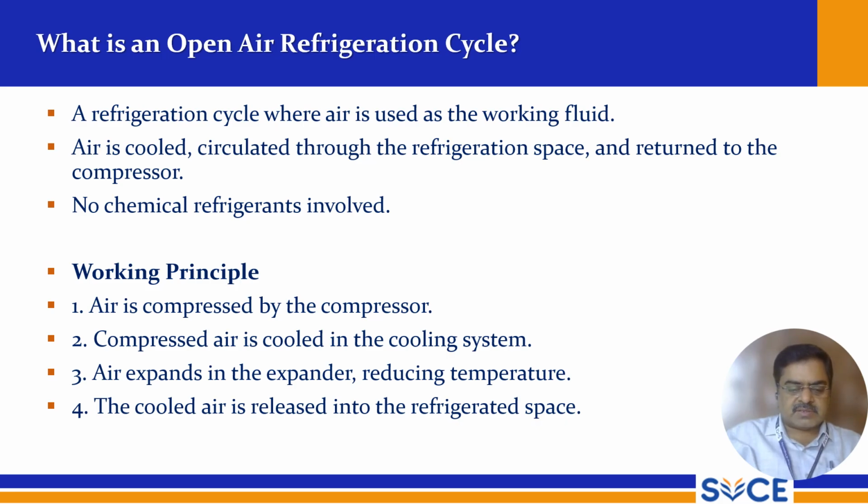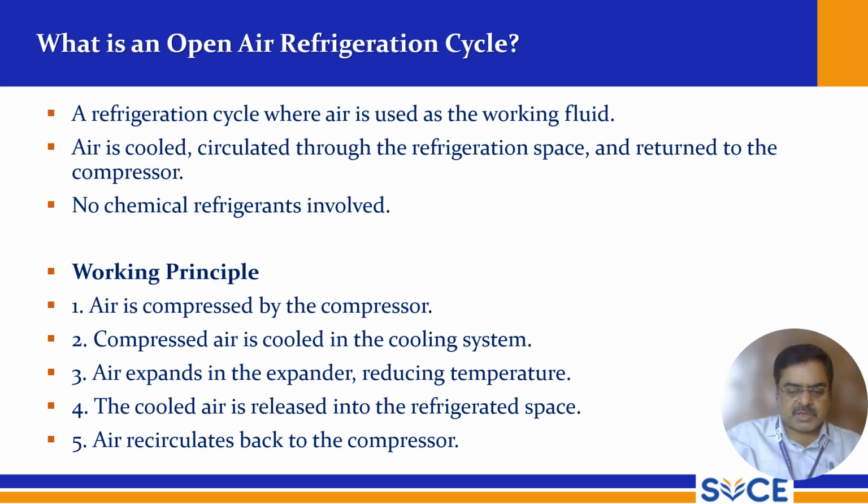The cooled air is released into the refrigerated space. Air recirculates back to the compressor. So now we are starting from the compressor and ending in the same compressor for this particular cycle. One cycle happens in these steps, and the next cycle starts once the air reaches back to the compressor as normal air.